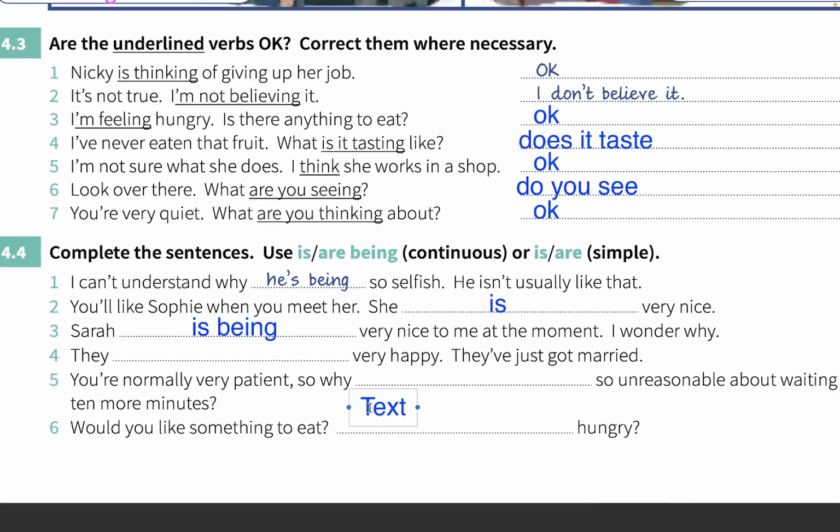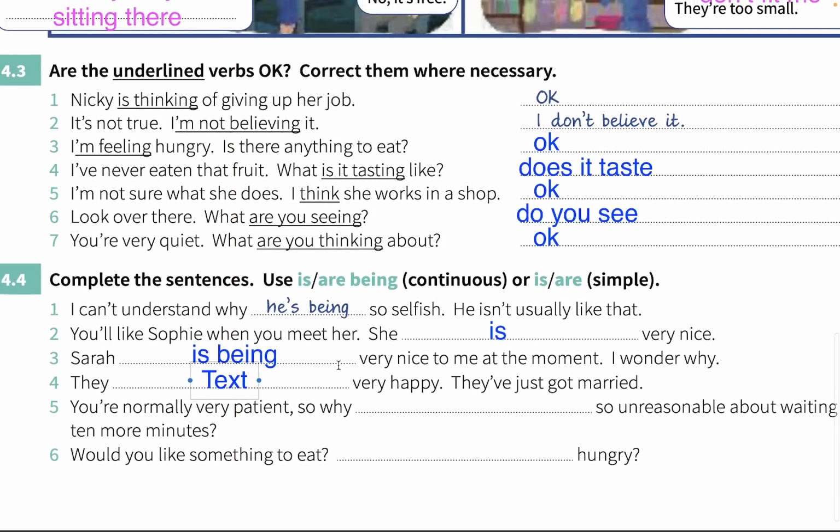But by the way, I want to ask about number 1. Where does the word "he's" come from? For number 1, where's the word "he's" in the sentence? I can understand why he said. You can understand why we are using he is, like he's? Yes. Okay. So here we are using the continuous. Why?